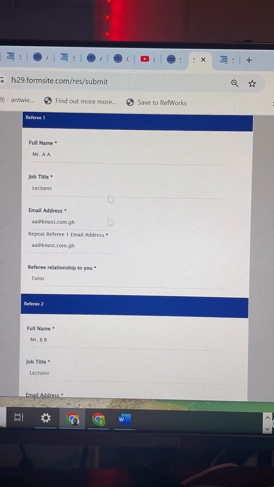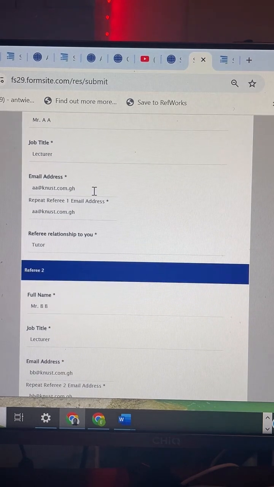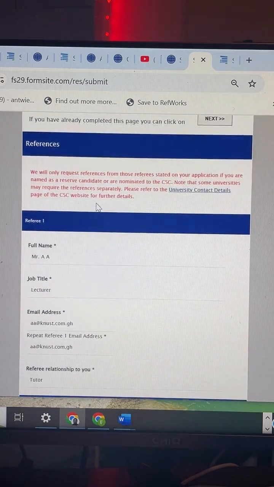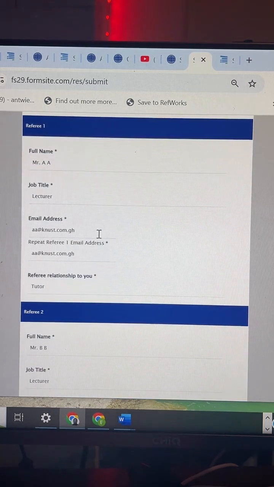And so referee, you need to type in the name of your referee. These are all for study purposes. They are not the right names of people. And then their job roles, you put it in there, and then their email address. Also, ensure that you are using the occupational email, organizational email of these referees.